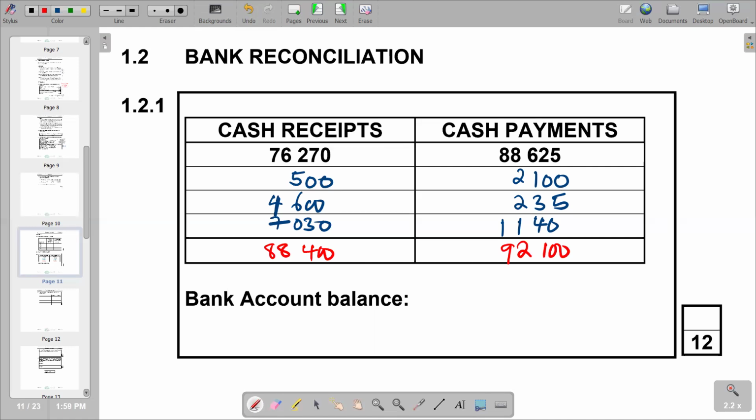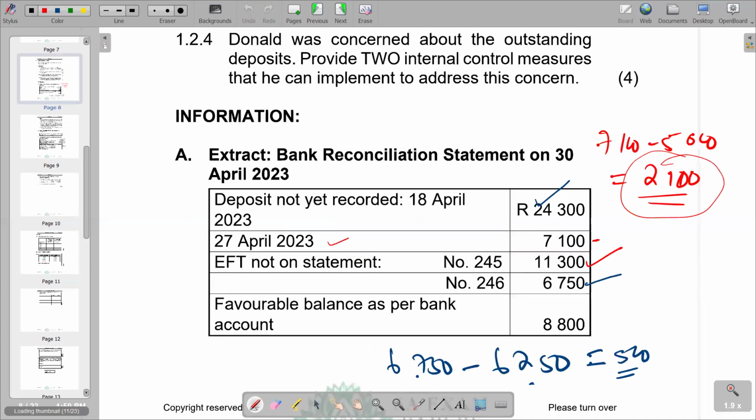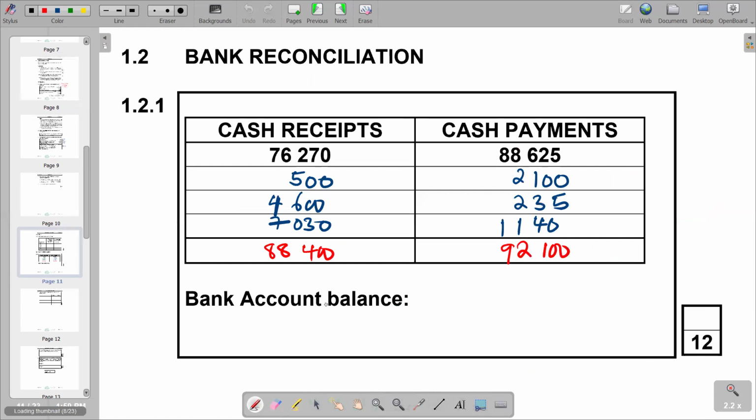So for the bank account balance, remember we have an initial balance from the previous month's bank reconciliation, which was the bank balance at the end of the last period, 8,800. So we are going to say 8,800, then we add the balance of the cash receipts journal, which is 88,400.